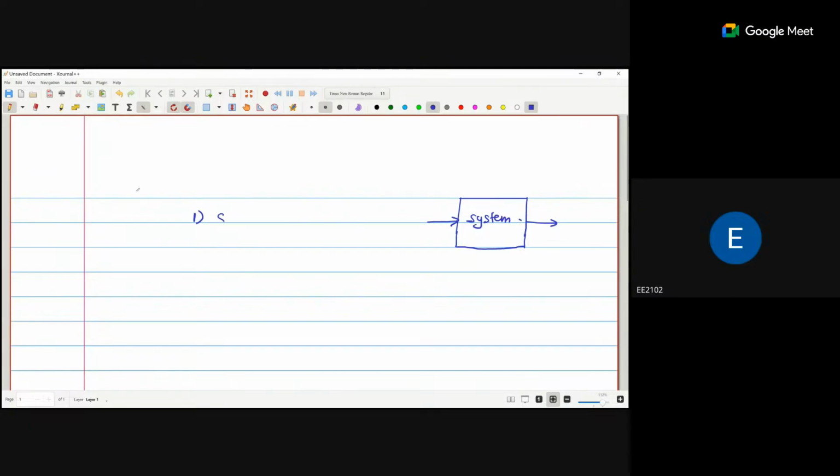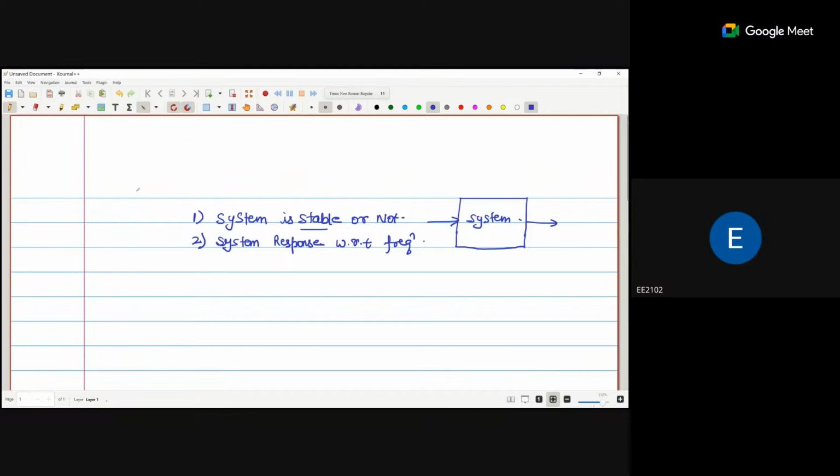One is whether the system is stable or not. Second, if the system is stable, what is the system response with respect to frequency? So we require two things.